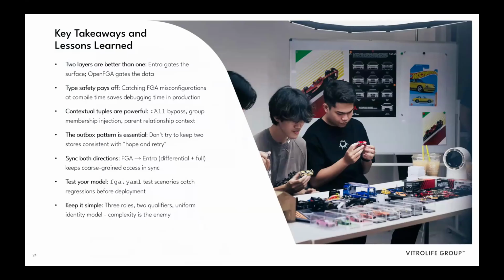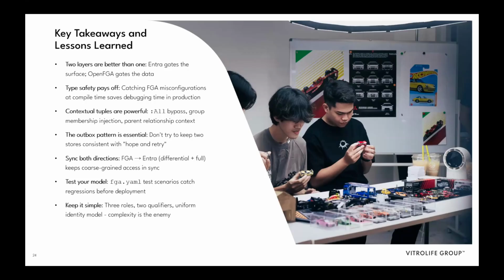We've found that type safety pays off quite well. I found myself multiple times adding the wrong stuff and the compiler complaining at me. Contextual tuples work really well. We use them for bypass and for group memberships. We haven't tried adding too many yet, though.